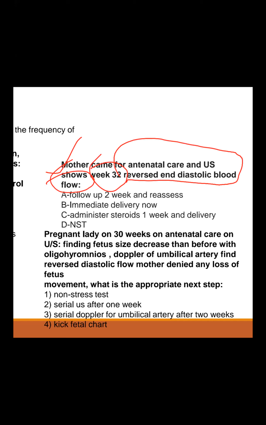Administer steroids and immediate delivery now. We can't wait. Immediate delivery now. I'll explain details after the third question explanation. Thank you, Dr. Shruti. I'll discuss this topic today. All details I will discuss later.